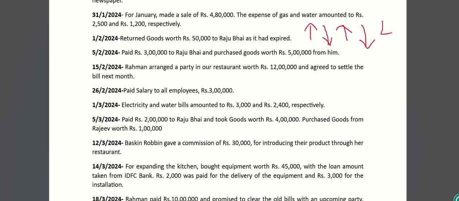Just 4 lakh to him, isn't it? We took goods worth 4 lakh 50,000 from him. From that, we returned goods worth 50,000. Now we need to pay him just 4 lakh rupees. That means the liability has reduced. Now we know the situation, so just see what journal entry should be made.